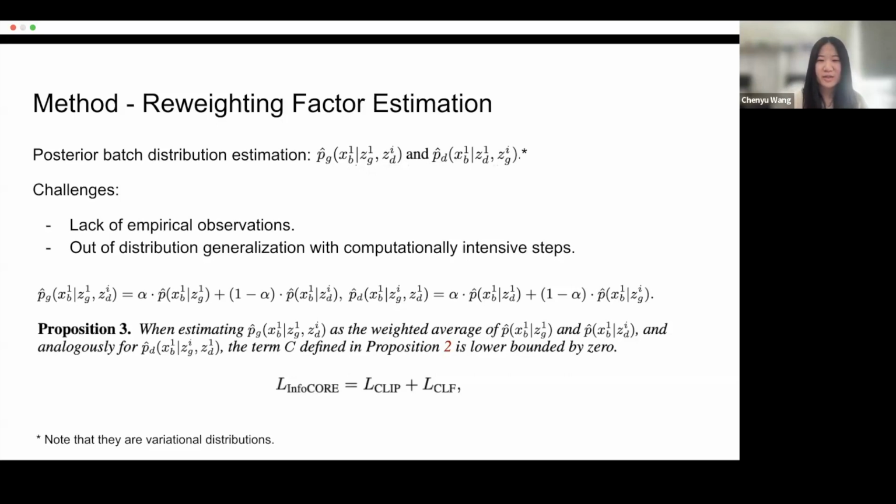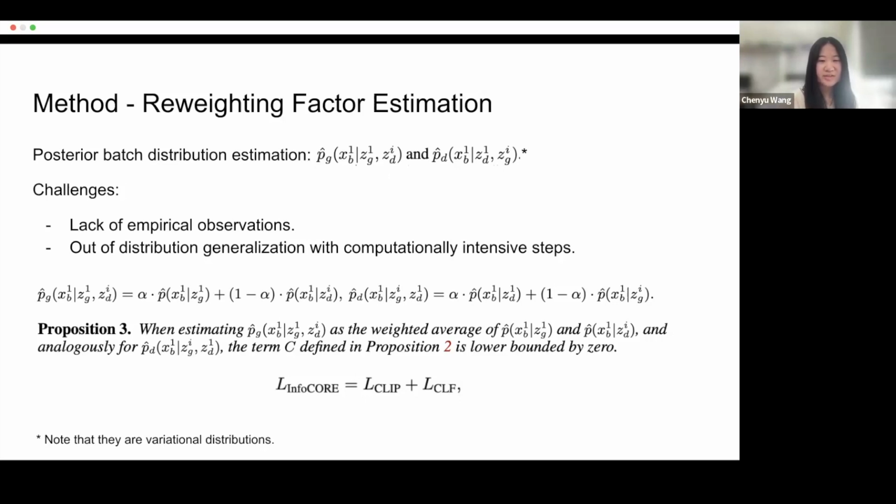And furthermore, if we train the classifier based on the concatenation, it will involve very computationally intensive steps because we have to estimate this probability individually for each anchor-positive pair or anchor-negative pair, and we can't reuse the calculated values.